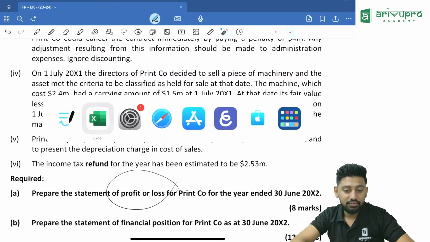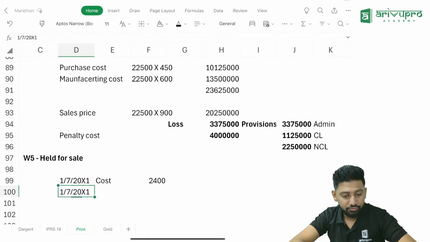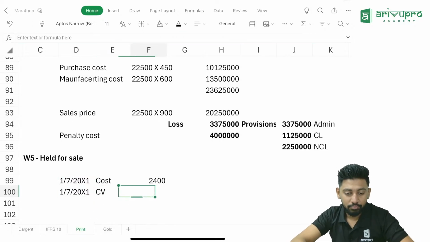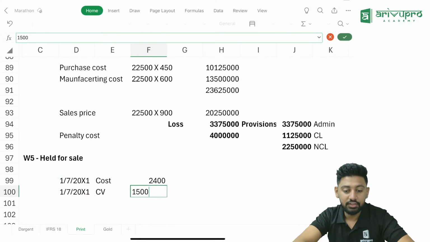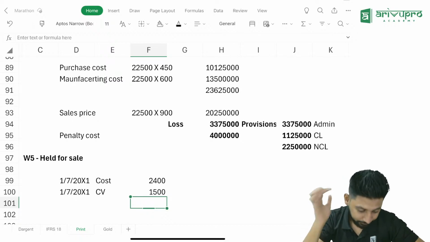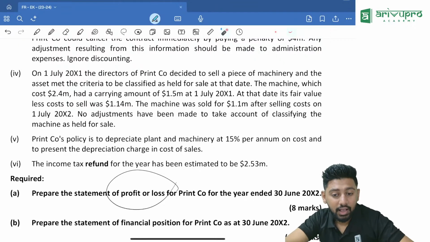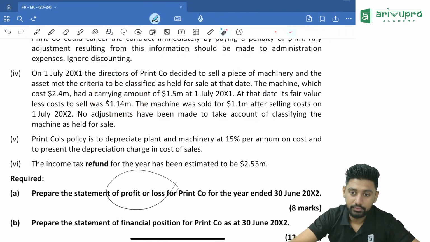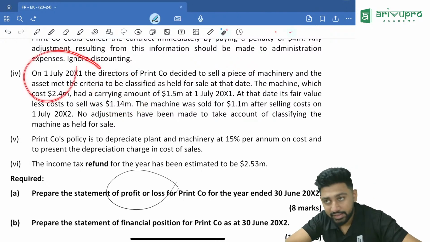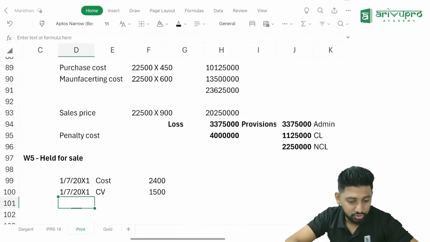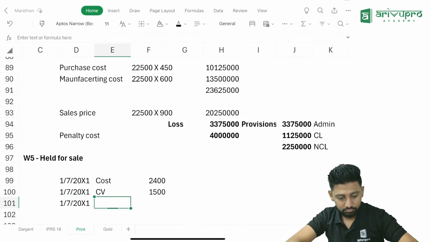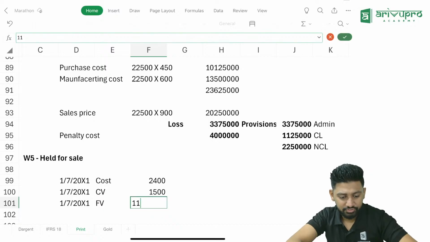On 1st of July itself, the carrying value was how much? 1,500. Are we clear? Given. And then they say, at that date, its fair value less cost to sell was 1.14 million, 1,140.